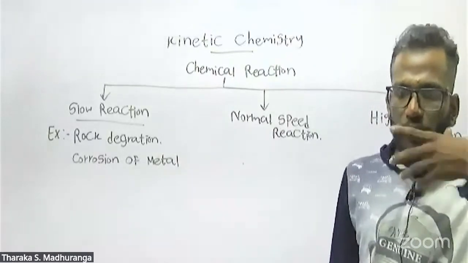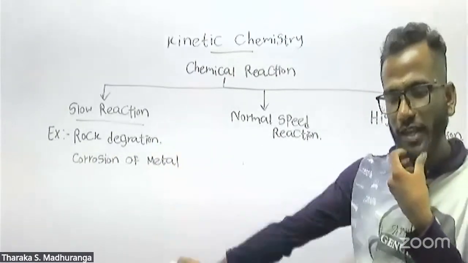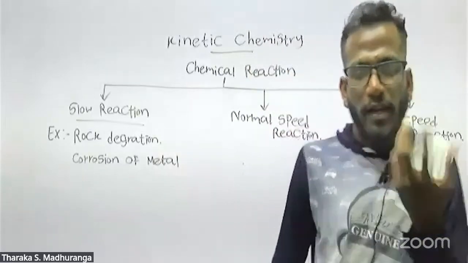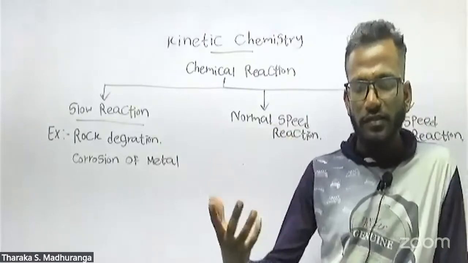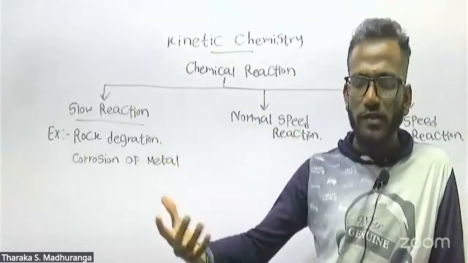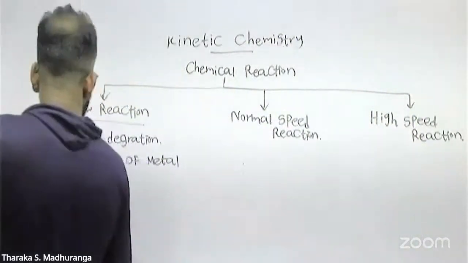They are very simple, common things we discuss. Any metal and oxygen, that's the corrosion reaction. The product is ferrous oxide, or whatever metal oxide is produced. That's corrosion.